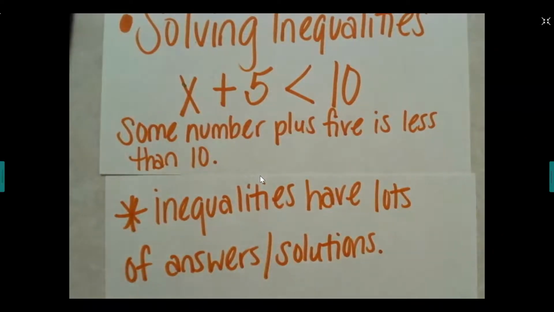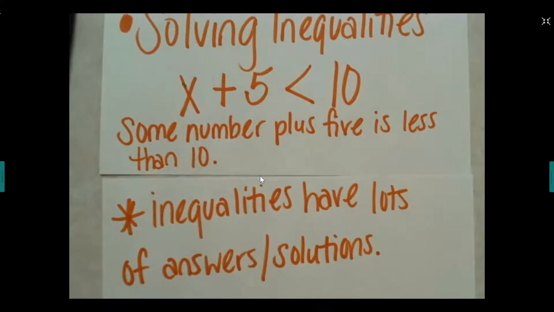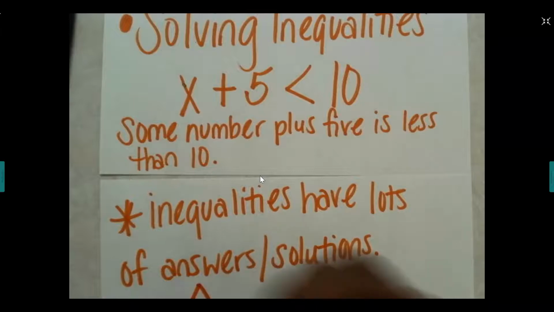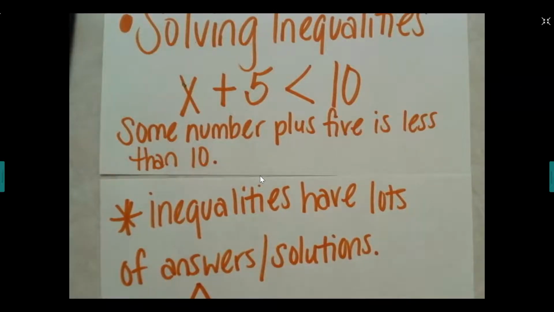So to see what I mean by that, I'm going to first draw, and this time I'm going to use a vertical number line. I'll move the paper up in a second. Remember, because this is a recorded lesson, if at any time Miss Neville moves too fast for you, please pause or rewind the video so that you can keep up.